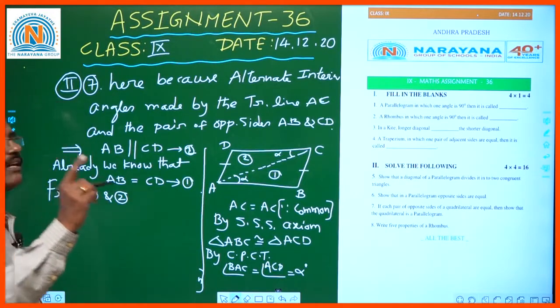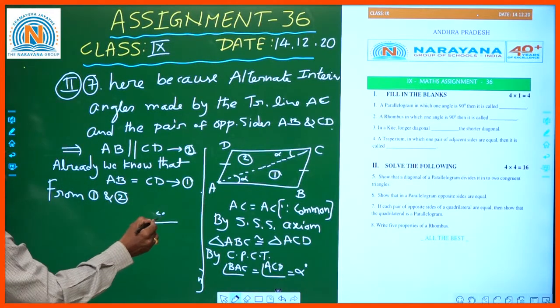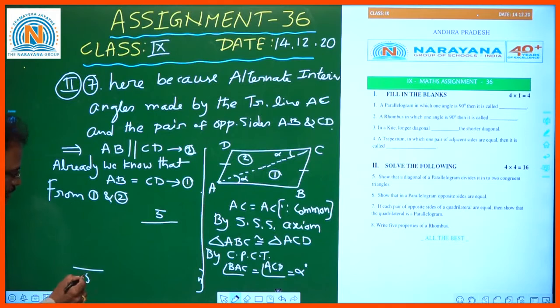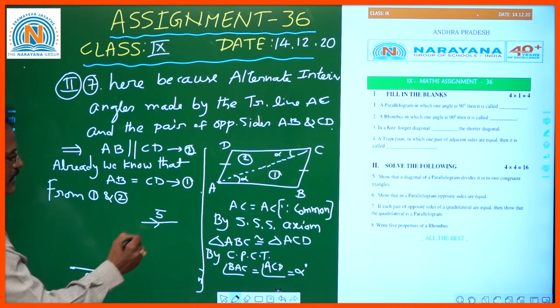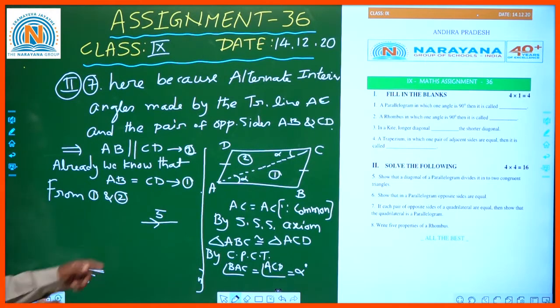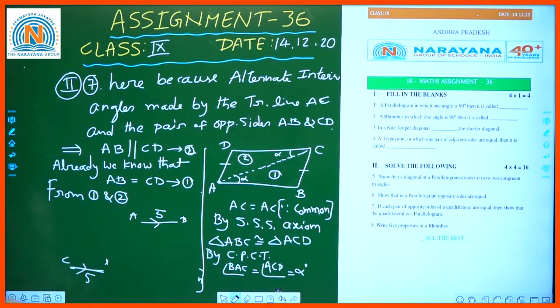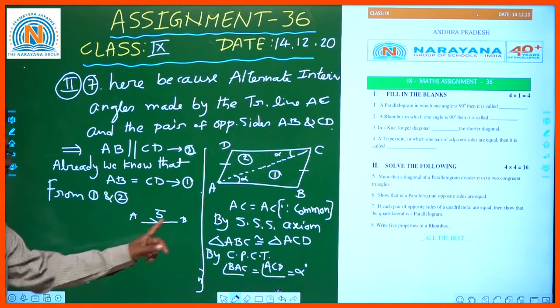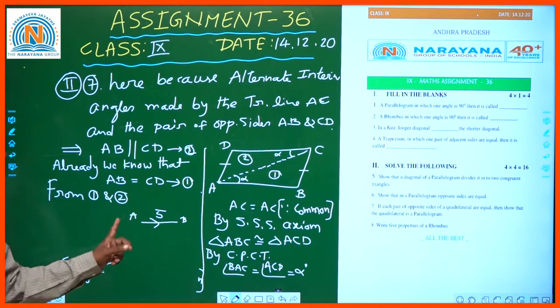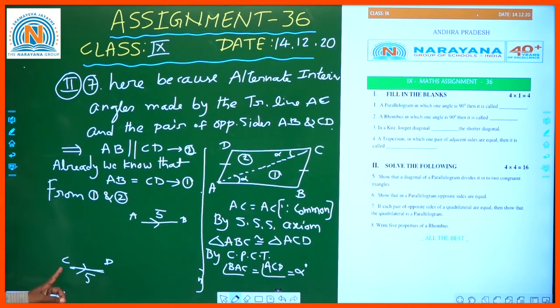Similarly, the second condition: one pair equal and parallel, say this is 5 centimeters, this is 5 centimeters and it is parallel. That means AB is equal to CD with respect to length and AB is parallel to CD.